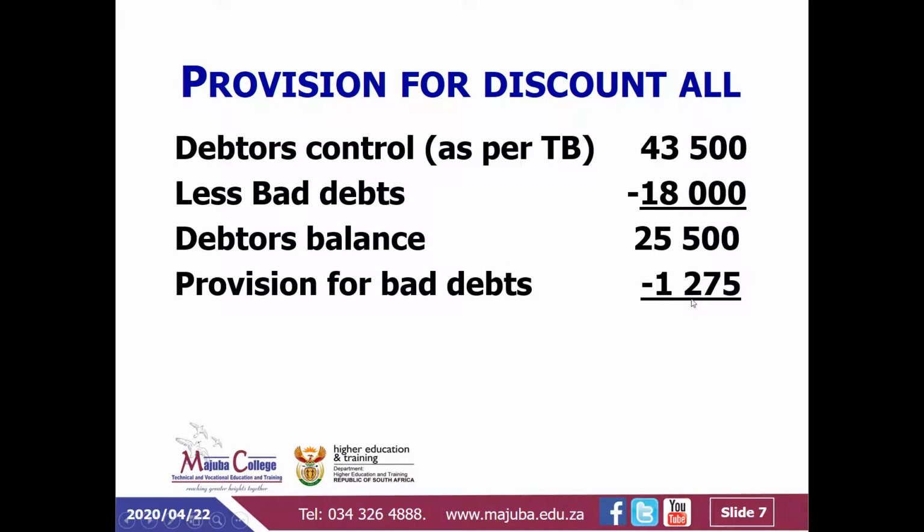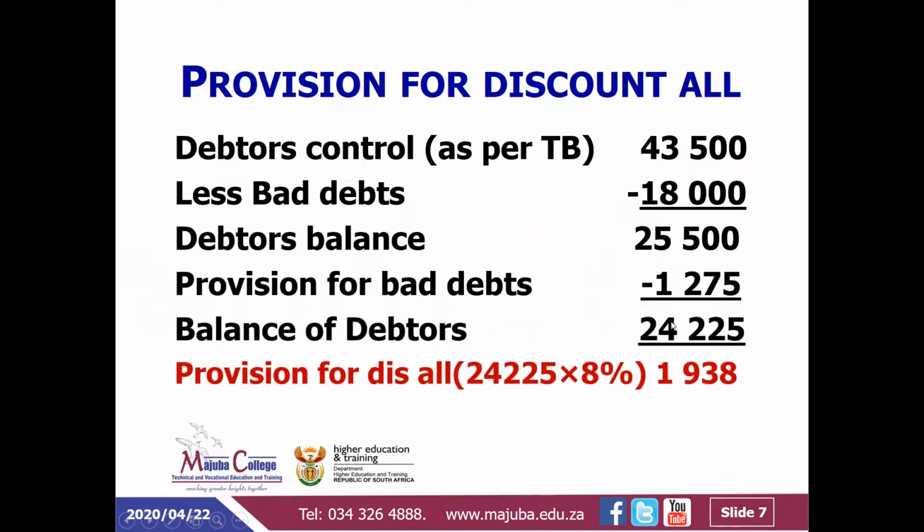Therefore, we're not going to provide for those people. So we're going to reduce the amount of debtors by the provision for bad debts to determine the amount that we're going to apply the percentage of the discount allowed. So basically, we came to an amount of 24,225, we're going to multiply that by 8% to determine our final figure relating to provision for discount allowed.